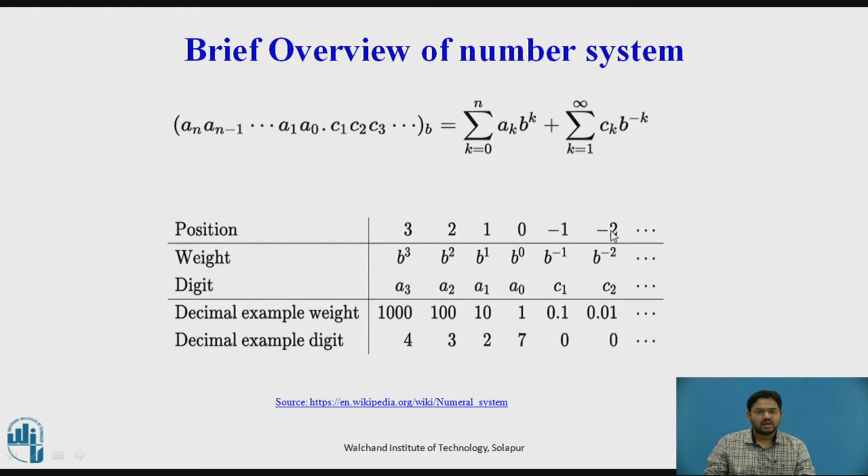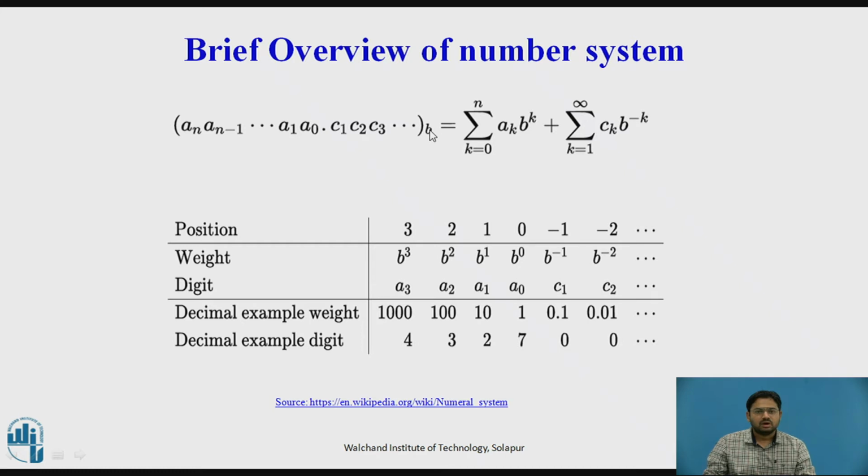Position 0 is the digit immediately before the dot point. Position 1, 2, 3, 4, 5, 6, and so on. By that you can write the position, and you can calculate the weight of that particular position by using the base.